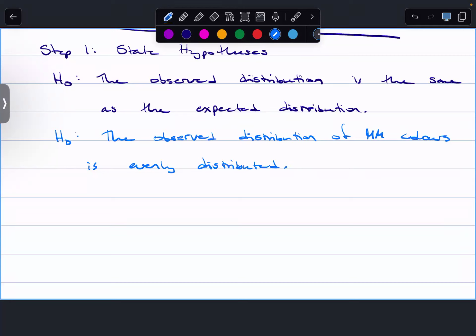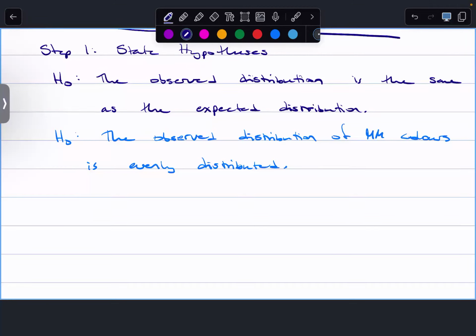We're used to seeing our hypotheses being about parameters, Greek letters and things like that. But it takes some getting used to with the chi-squared because it's all in words now. But that's just how it is.